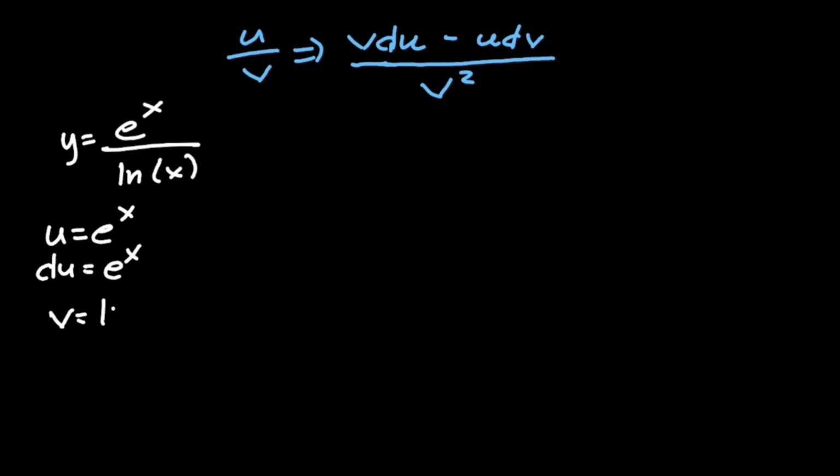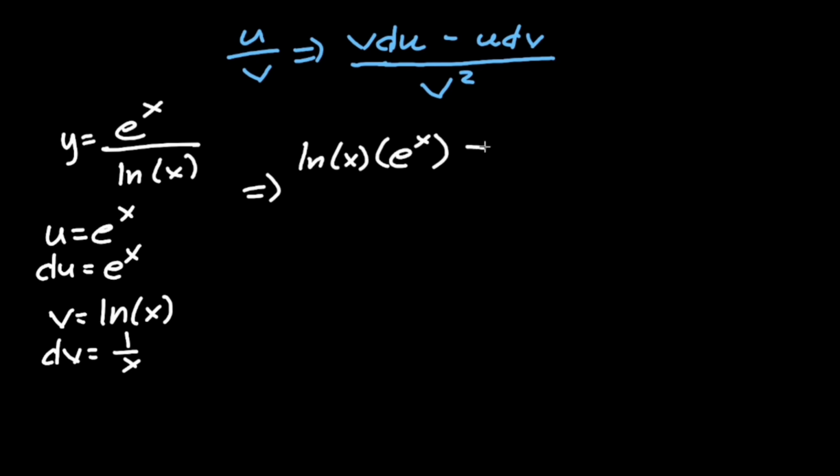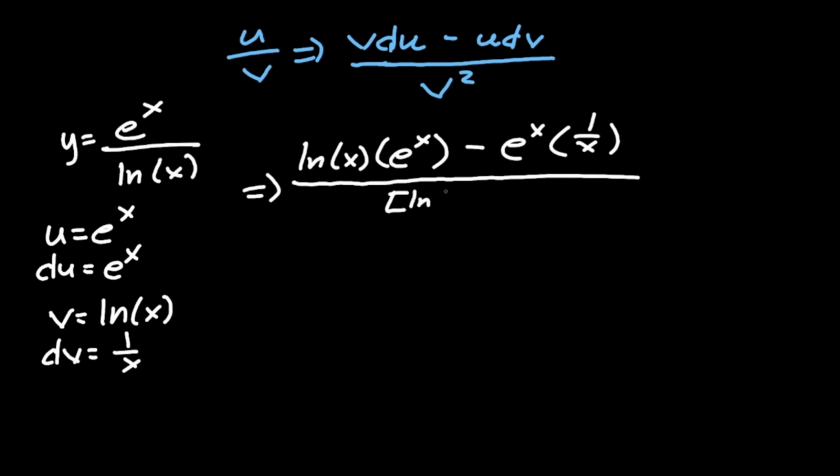V here is ln of x. The derivative of ln of x is 1 over x. Solving this, we will get ln of x multiplied by e raised to the power of x minus e raised to the power of x multiplied by 1 over x, over v squared, which is ln x squared.